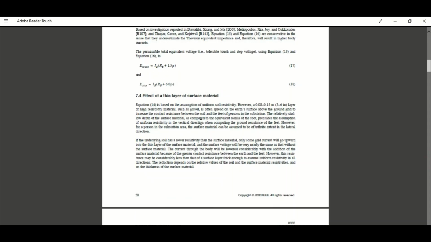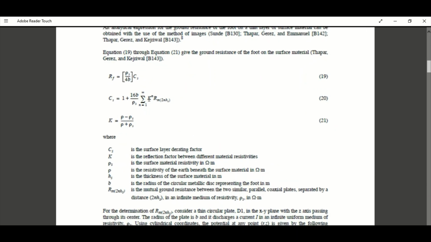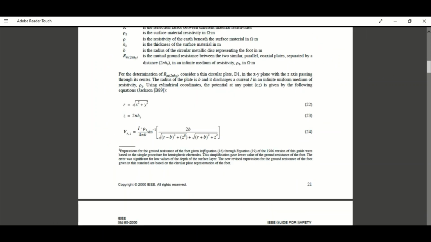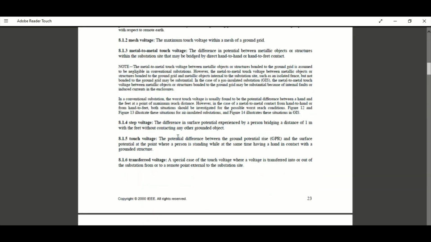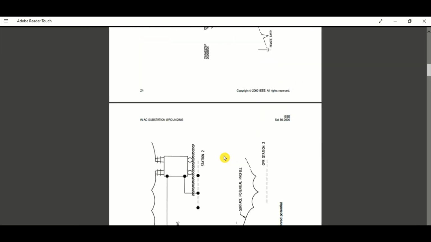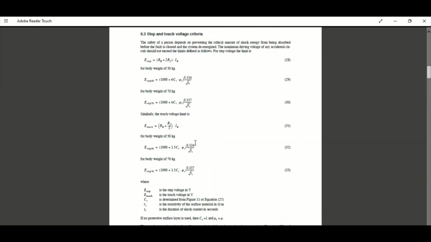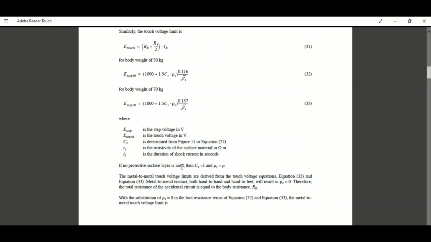Let me check. Yeah, CS value, this was the CS value, surface layer deteriorating factors. Yeah, this is step and touch potential.